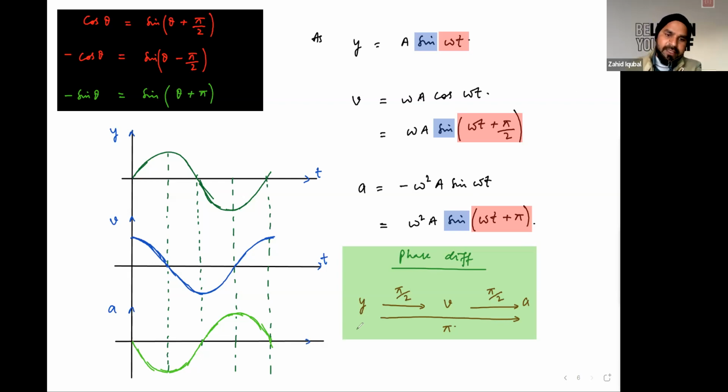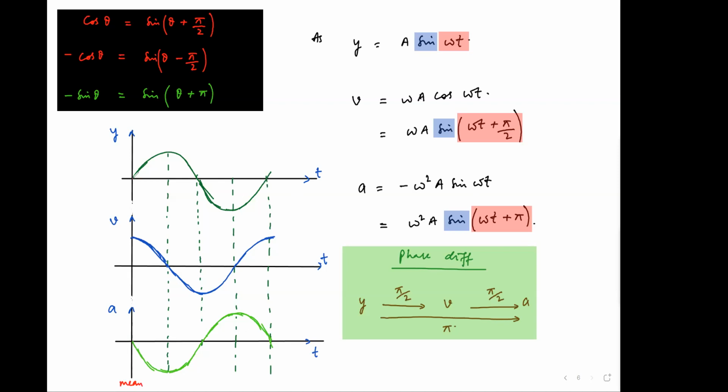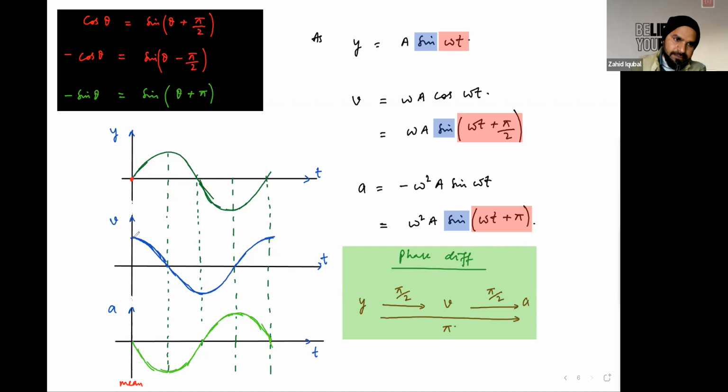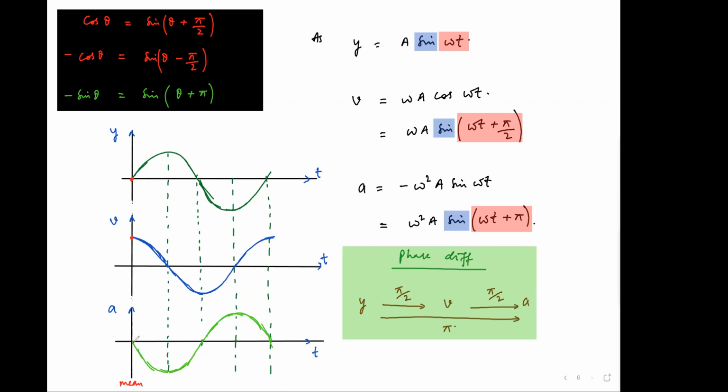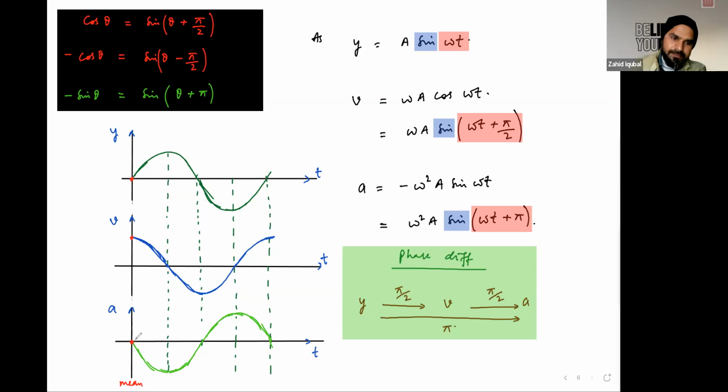From this part, we may define for a different position, which term will be maximum. Suppose this first point, mean position. So at mean position, displacement is minimum, but velocity is maximum and acceleration is also minimum.